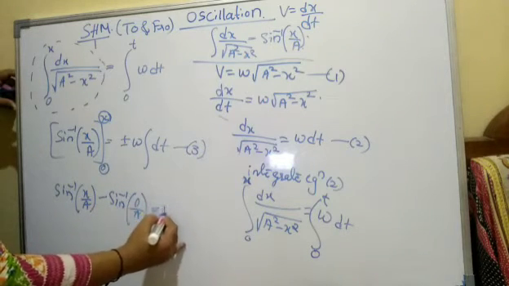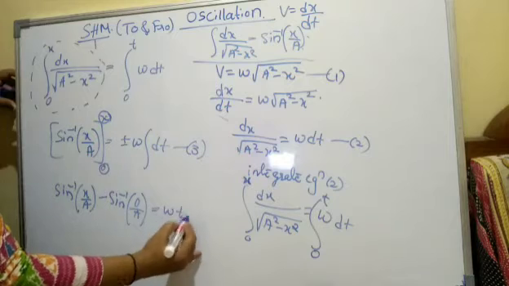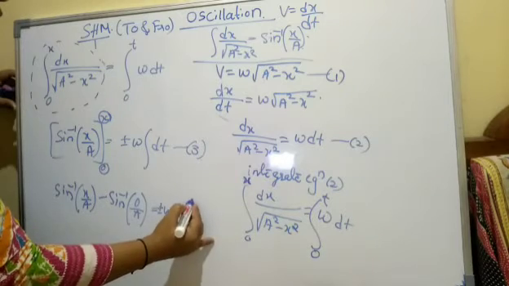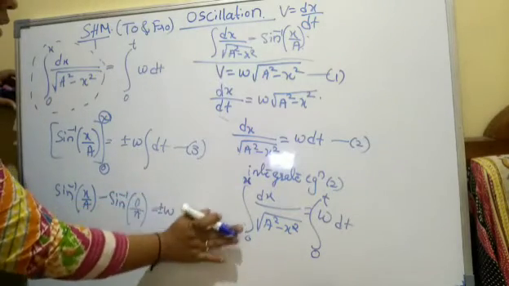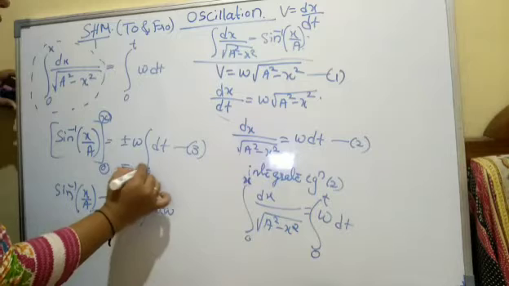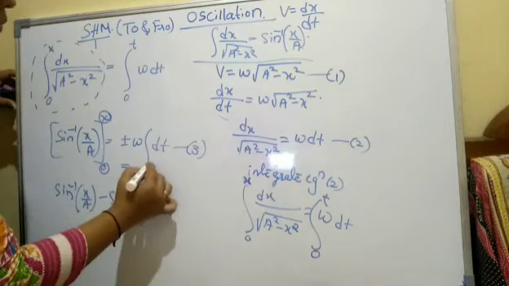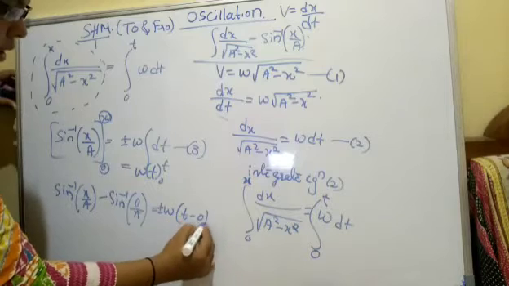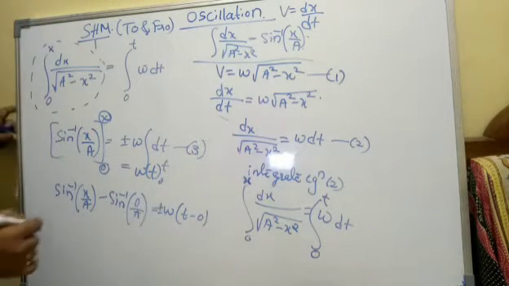So that is omega t. Here it is t, it will come. So you can write it here 0 to t. So directly I will write it here, that is t minus 0. Omega t only, it will get it here.